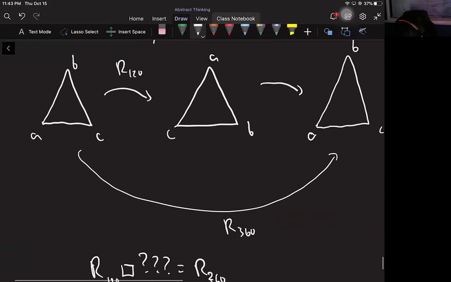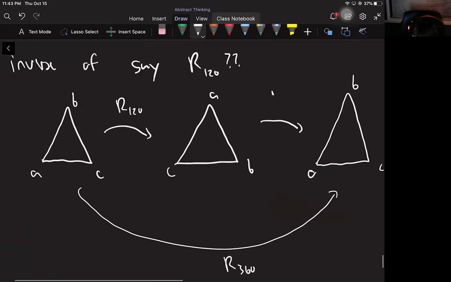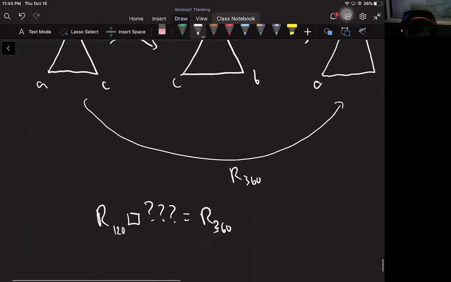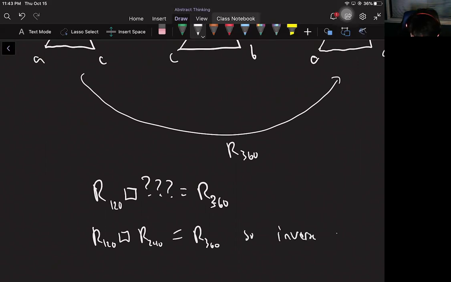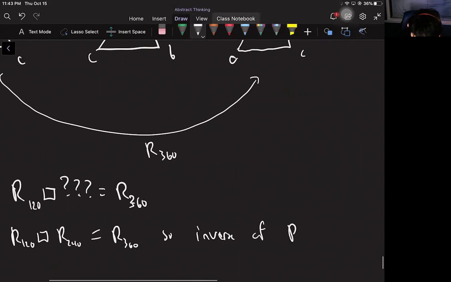But if you think a little bit harder, you'll see that the answer has got to be 240, because rotating 120 and then rotating 240 adds up to 360. So the inverse of R120 is R240 and vice versa.